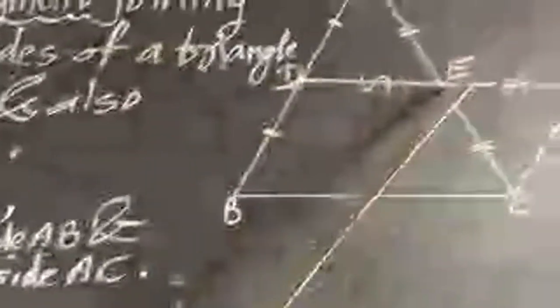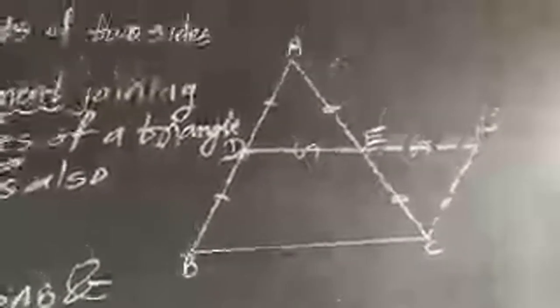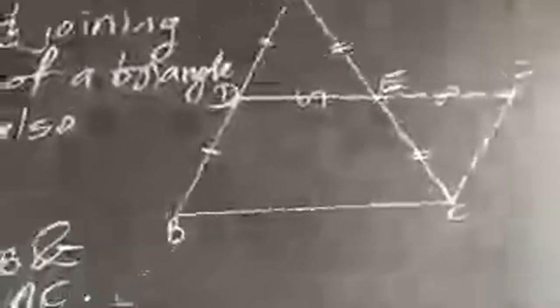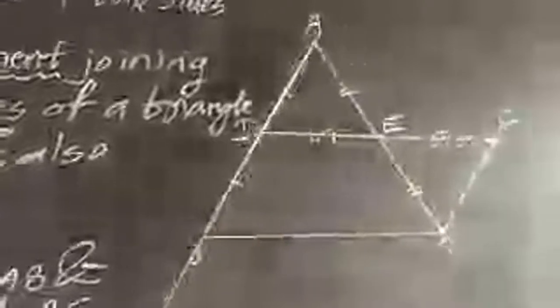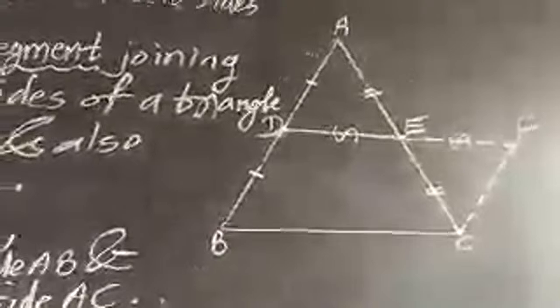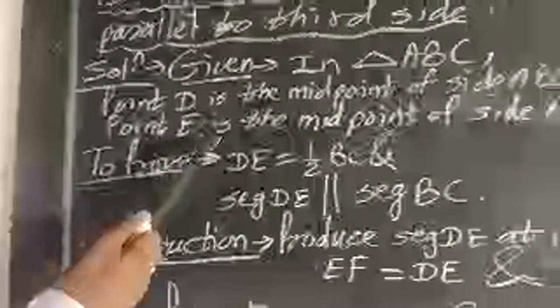Why are AE and EC congruent? We write segment AE congruent to segment EC, and the reason is: point E is the midpoint of AC, and this is given.